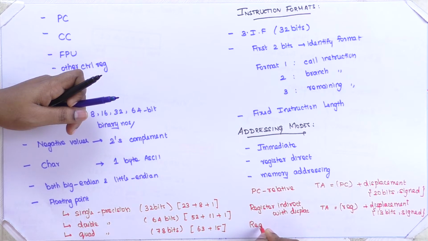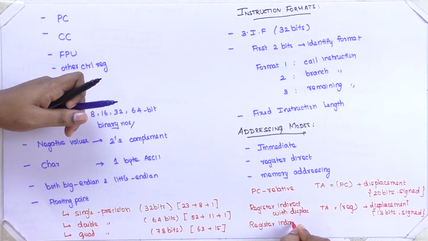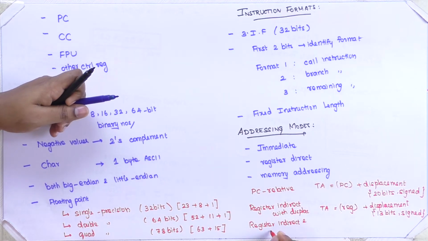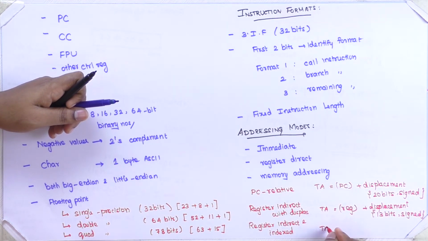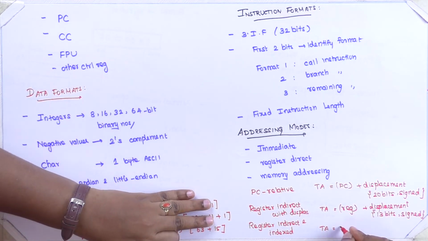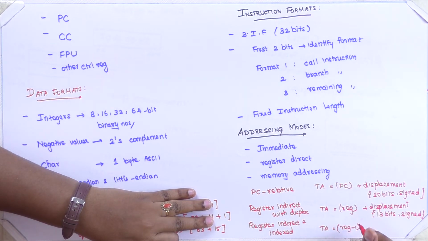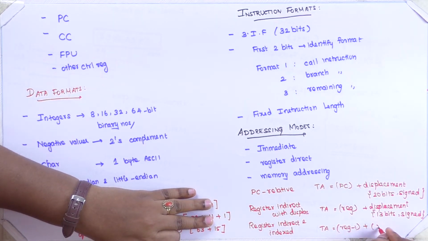Then register indirect indexed. In such a case, the target address is calculated as the value stored inside register 1 plus the value stored inside register 2.